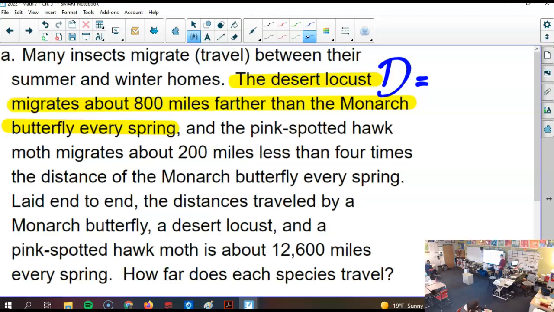So, Katie, how could we write that as an expression? 800 miles farther than the monarch. We got to pick a variable for the monarch first, right? So, Katie, what variable might you pick? M would work for the monarch butterfly. And then how do we show 800 miles farther? Would that be addition or multiplication?